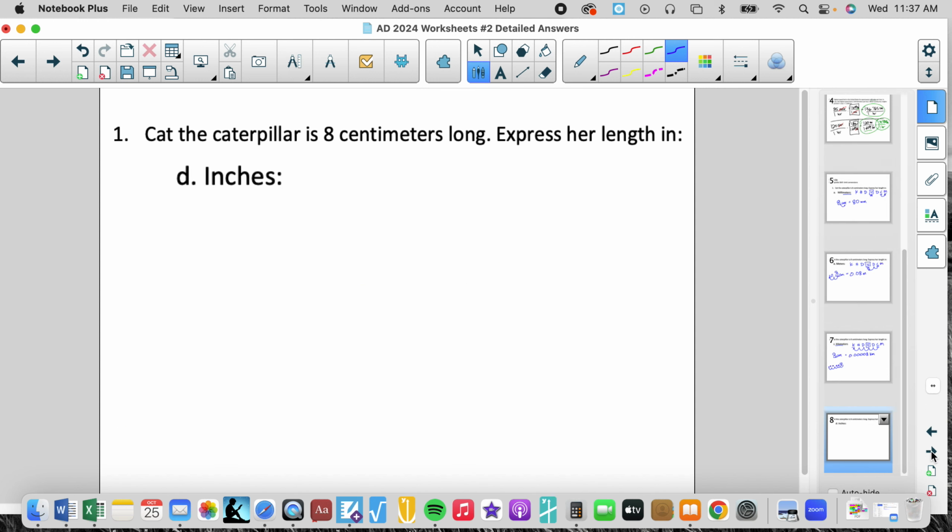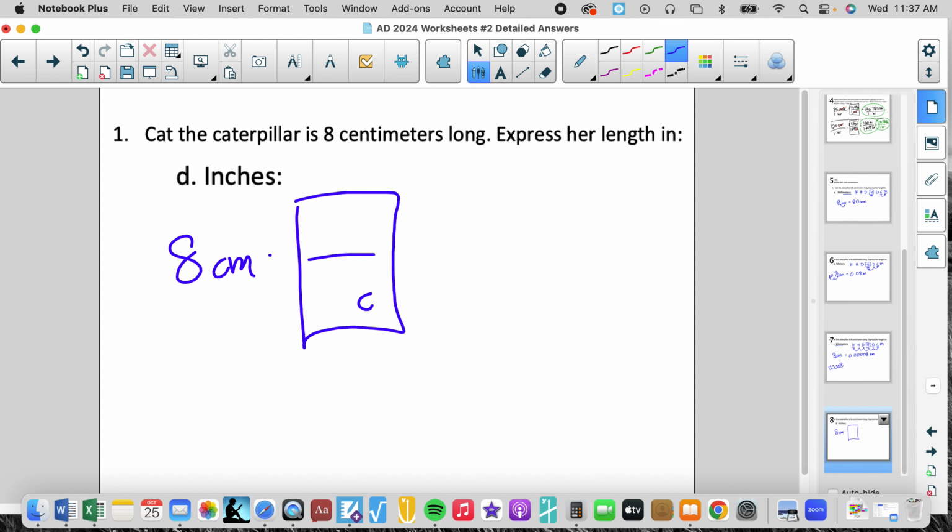And part D, inches. Wow, inches. You trickster. We're going to have a conversion box. I'm going to have centimeters in the denominator to cancel with the centimeters in the numerator. And I need to find an equivalency of centimeters to inches. 1 centimeter is equivalent to 0.3937 inches.